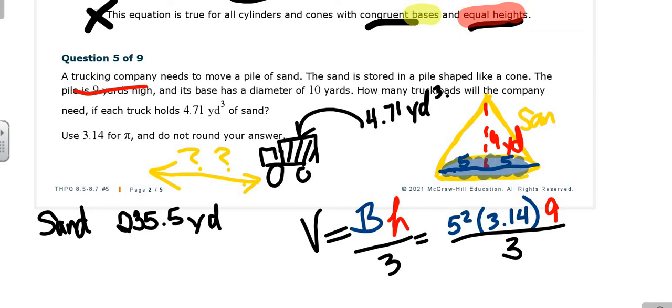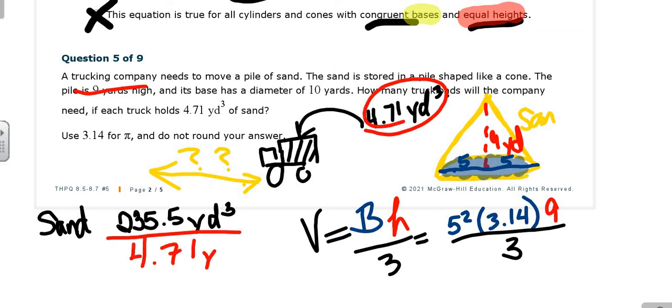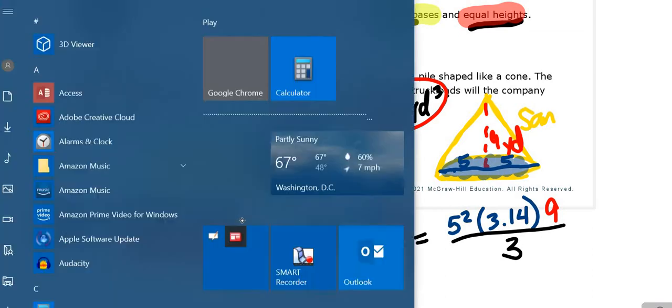That's yards cubed. And each truckload covers 4.71 yards cubed. How many trucks? That's a division concept.